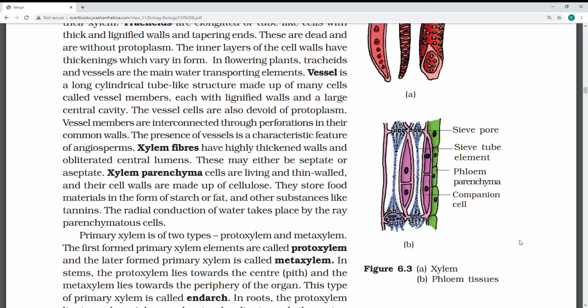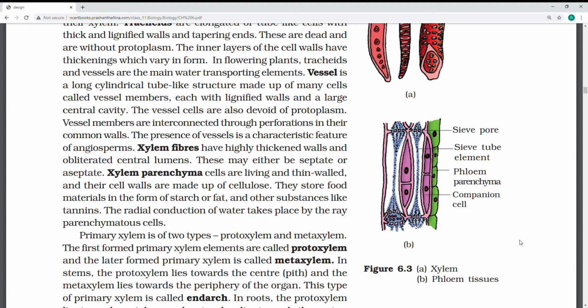When it is proto and meta, the first formed is called proto, and meta is later, and meta is bigger. The xylem is always dead cells, and the phloem is living.